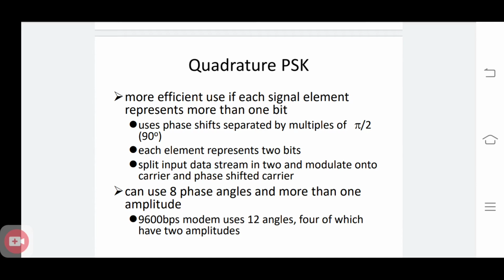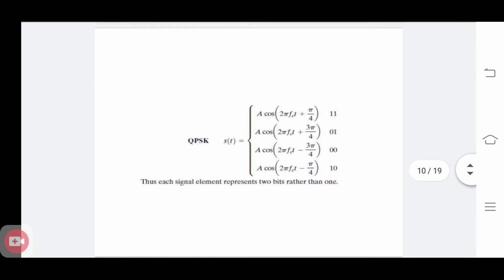Here, you can see in the figure, quadrature PSK is used for representing 2 bits, right? So for representing 1, 1, we are using A cos 2 pi fct plus pi by 4. Then for representing 0, 1, it is A cos 2 pi fct plus 3 pi by 4.